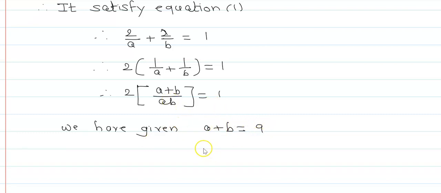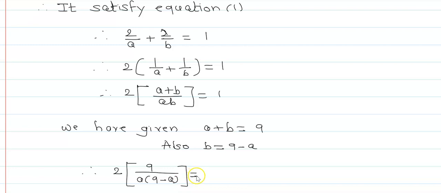Also, b is equals to 9 minus a, and therefore by simplification, 2 in bracket a plus b, which is 9, upon a into in bracket 9 minus a, is equals to 1.